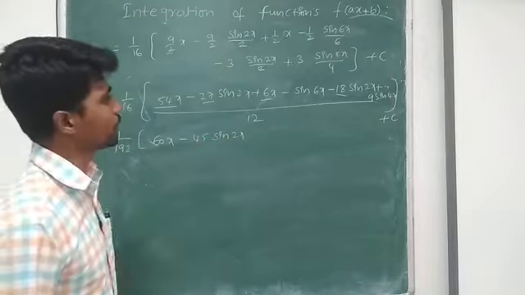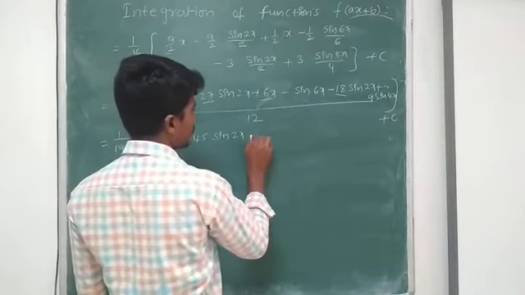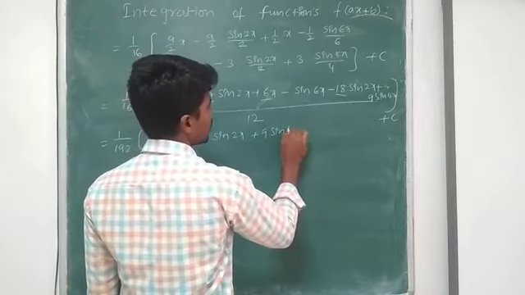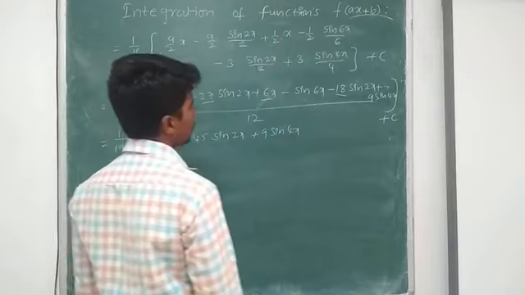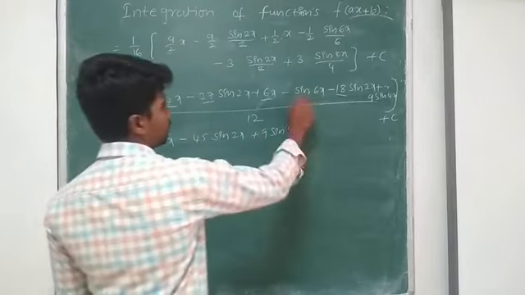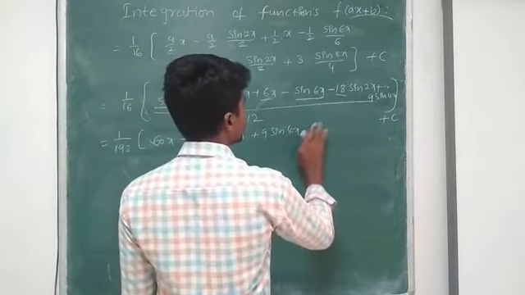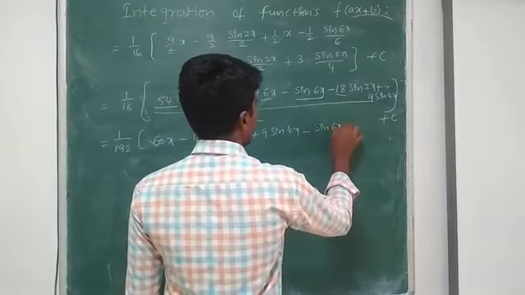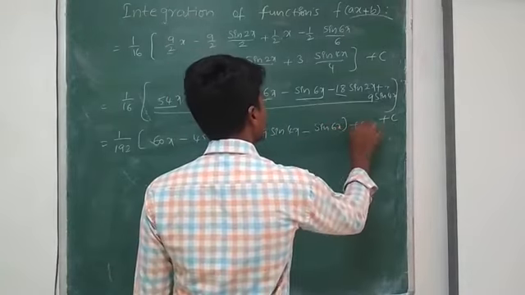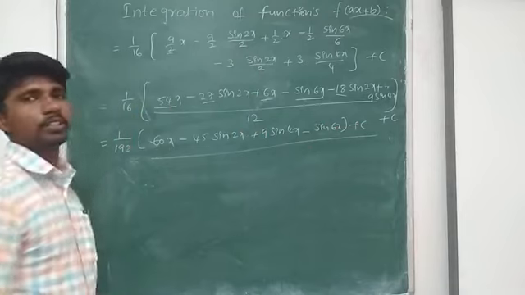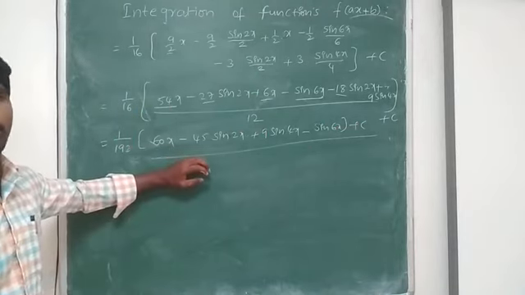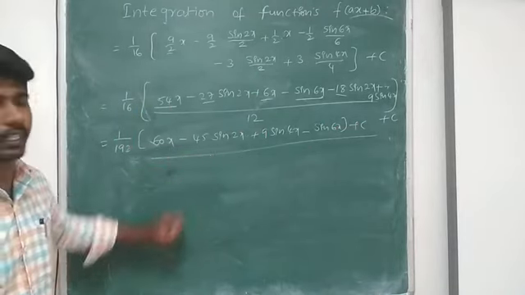After 2x write 4x, 9 sin 4x. After that you can write the rest: sin 6x plus a constant. So this gives the integration of sin to the power 6 x dx.